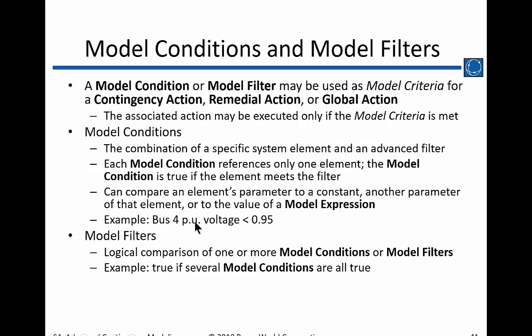This will either evaluate to true or false, and if it evaluates to true, then the remedial action associated with it could be armed, or the individual action associated with it could be taken. Model filters are basically logical comparisons of one or more conditions or of other filters.